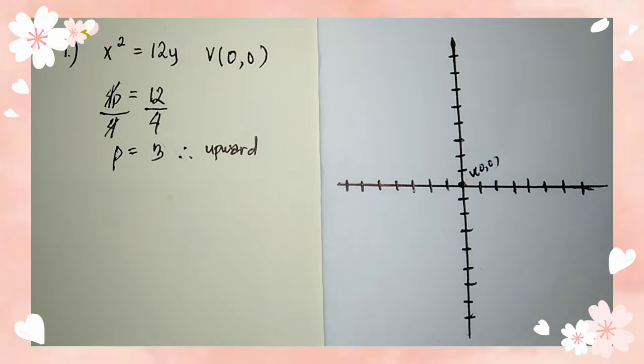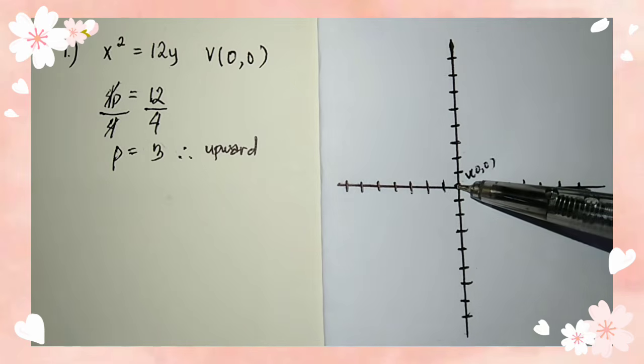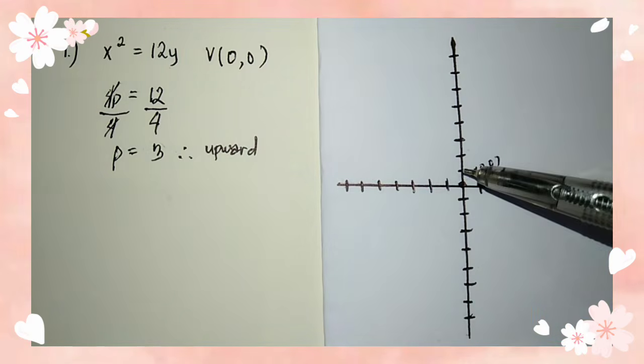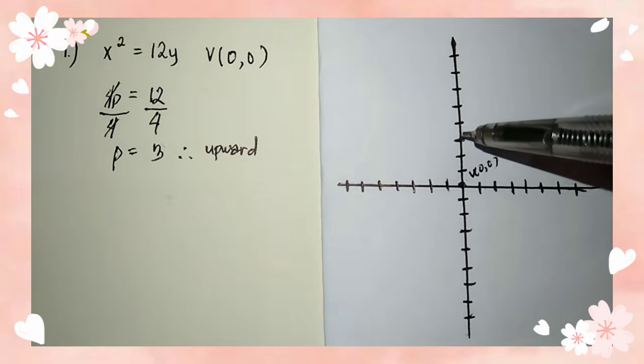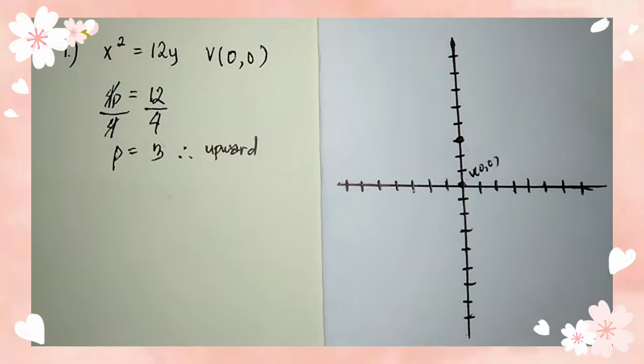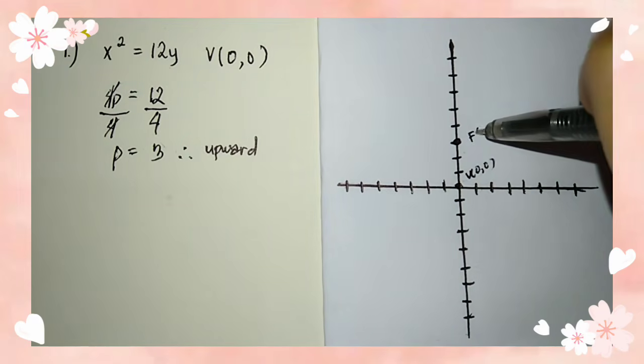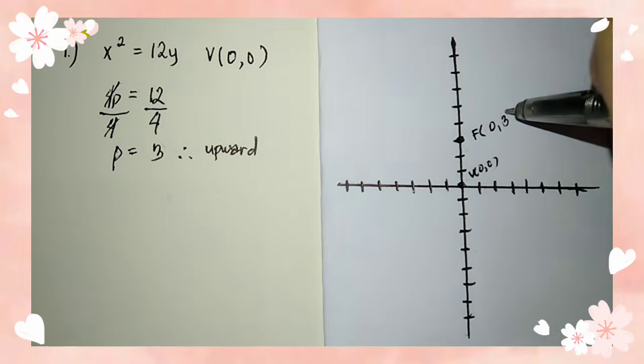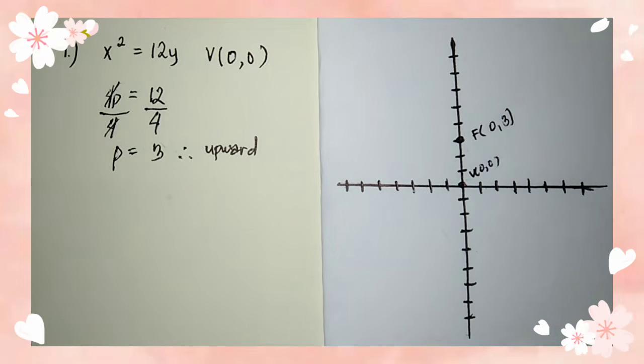We are going to move 3 units upward in order for us to find the focus. So, from the vertex, move tayo ng 3 units upward. Okay? 1, 2, 3. And here it is. Ito na yung focus natin. So, we have 0 and positive 3. So, later on, we're going to check if tama ba yung nakuha natin.